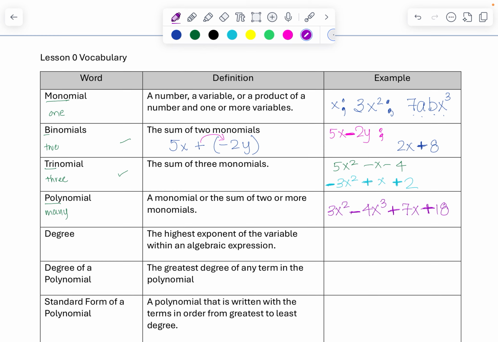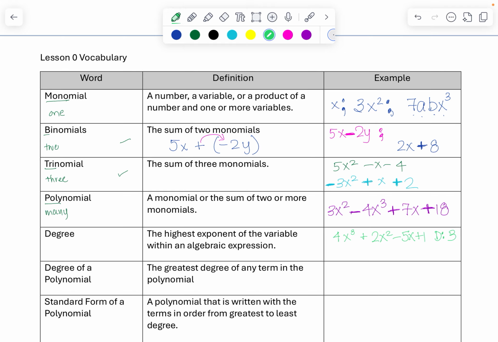Therefore, a polynomial. Degree. It's the highest exponent of the variable within an algebraic expression. So, for example, if we were to look at 4x cubed plus 2x squared minus 5x plus 1, the degree here would be 3.